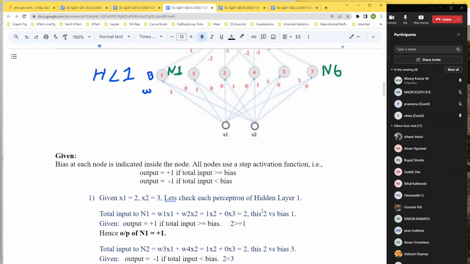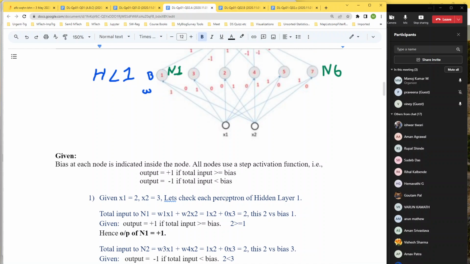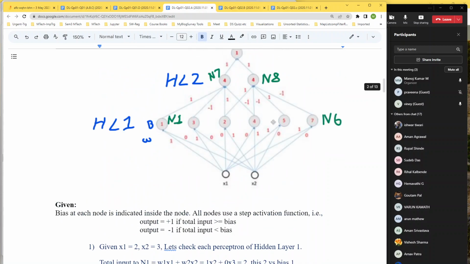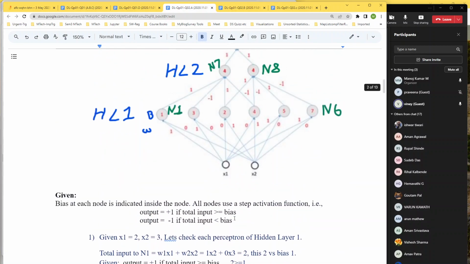Then x2 is 3, 3 into 1, it should be 1, so N3 is plus 1. N4 is -1, N5 is -1, and N6 is also -1.